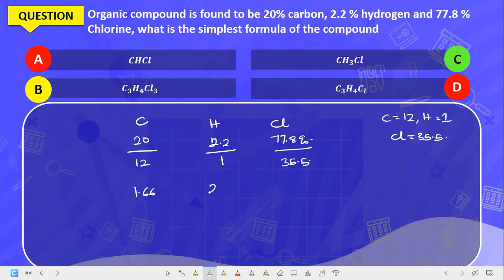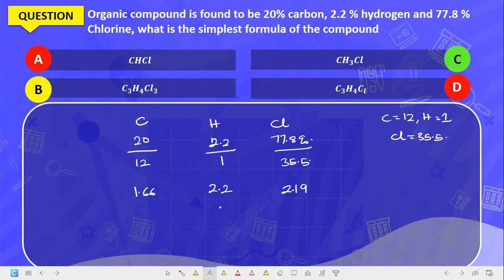Then hydrogen is 2.2. And then chlorine is 77.8 divided by 35.5. What would that give you? It will give you 2.19.